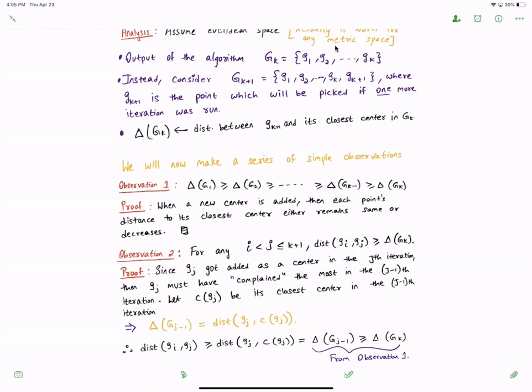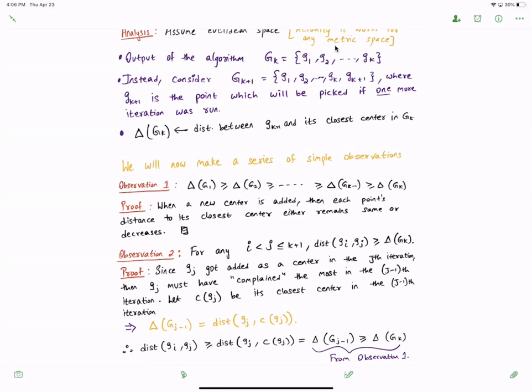So you want to stretch these as far as possible. Every pair of centers should be as far as possible intuitively. And that's exactly what this observation is saying. In that sense, every point has found a good shelter. They don't have to complain too much.